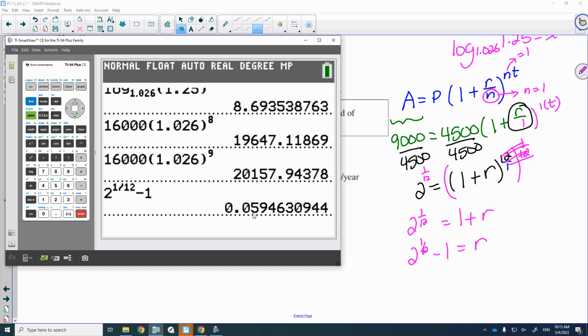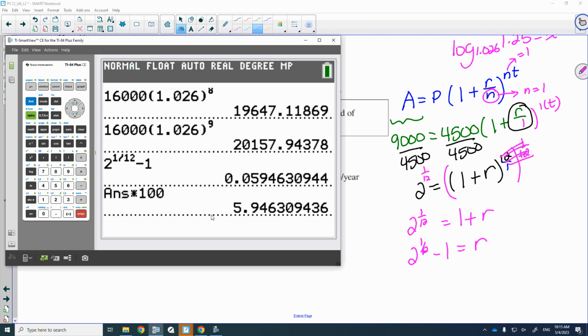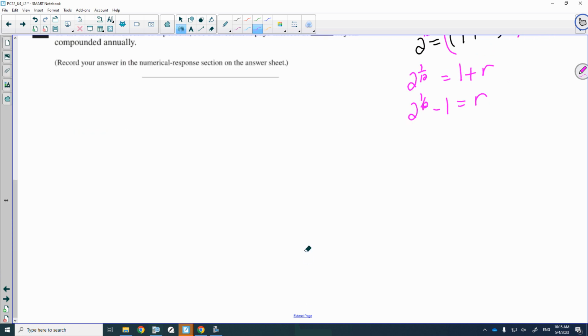Yeah, and I think they want it though to the nearest hundredth of a percent. So this is my rate, but it was basically 6% a year, but to the nearest 100th, it would be 5.95% is what they're paying yearly interest. Rate is 5.95%.